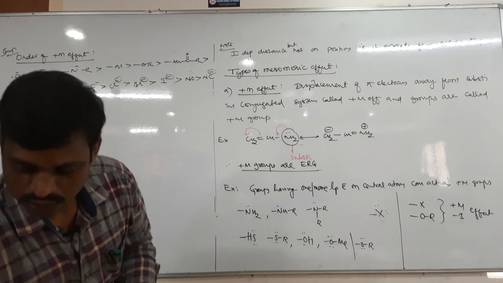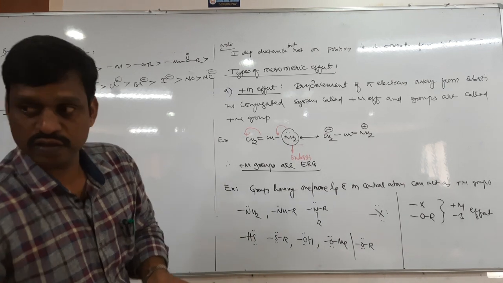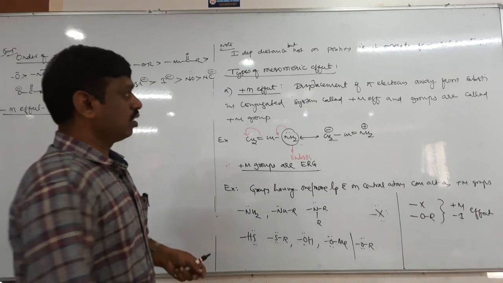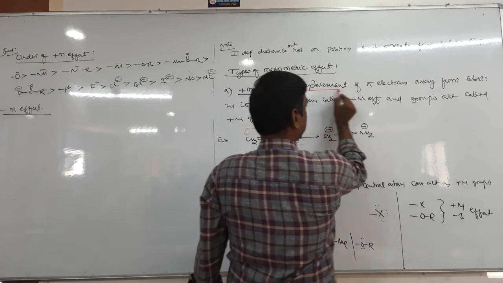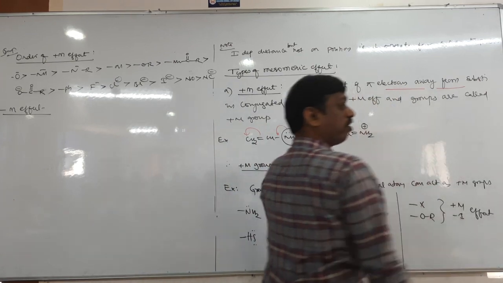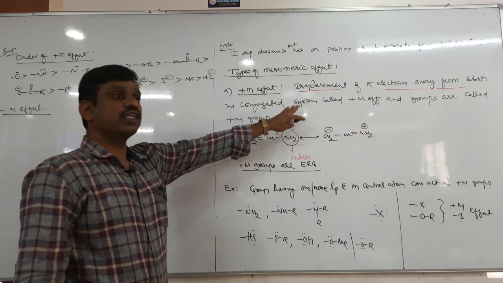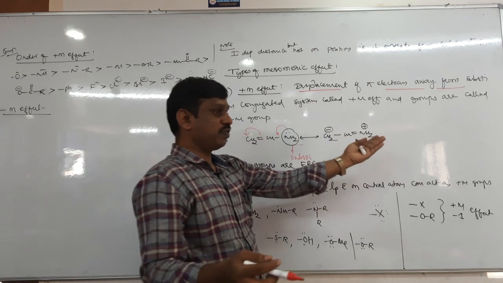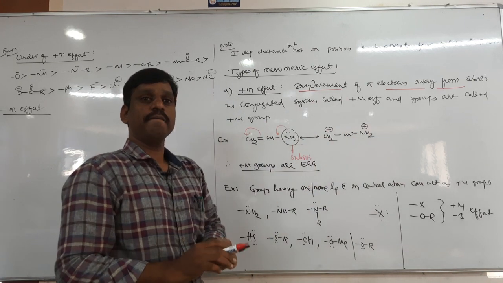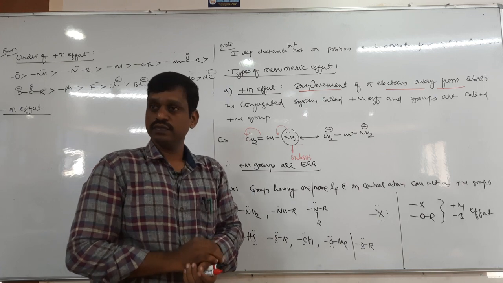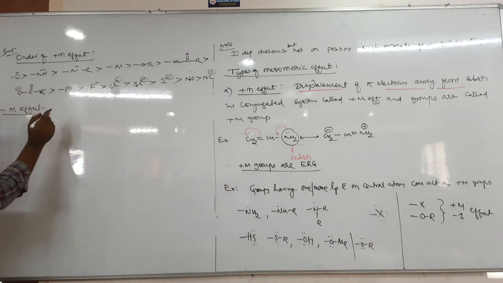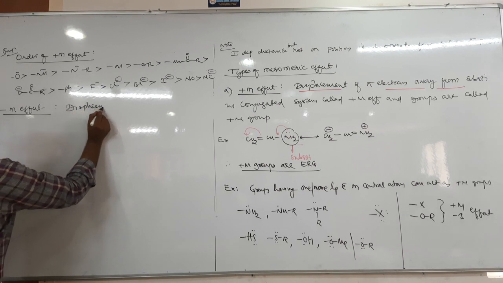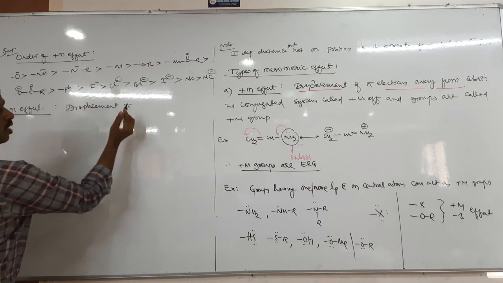So in plus M effect, there is a displacement of pi electron away from the substituent in a conjugated system. Then what is minus M? Displacement of pi electron takes place towards the substituent in a conjugated system.